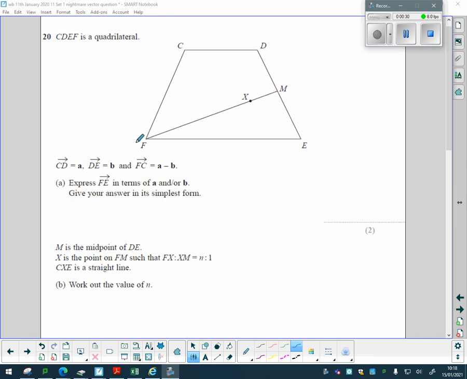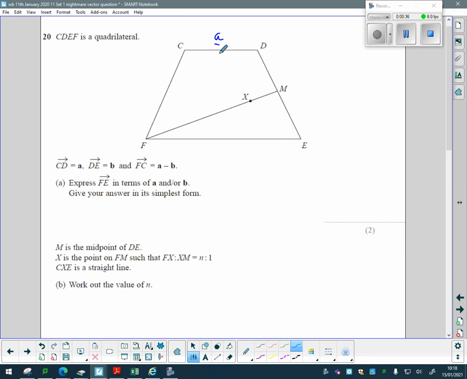Part A is not too bad. Let's just start off with the information that we've got. So we're told that CD up here is vector A, and we're told that DE is a vector B. Later on, we've got M is the midpoint of DE.